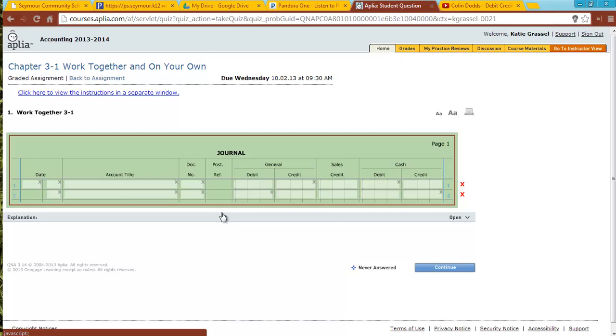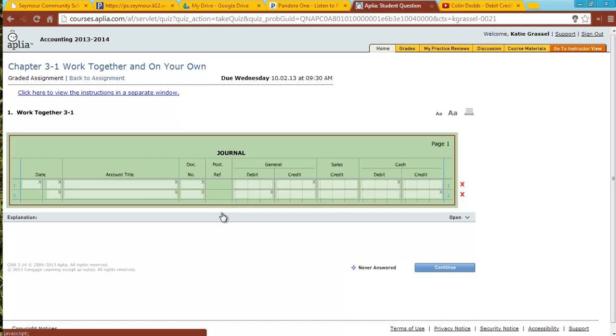General. Anything that doesn't have a special column, guess what? We have to put an account title here. Does that make sense? Down the road, we're going to have some transactions that affect two special accounts, but we'll get to that later, okay? But just realize, if you don't have a column for it, it has to go in the general column.